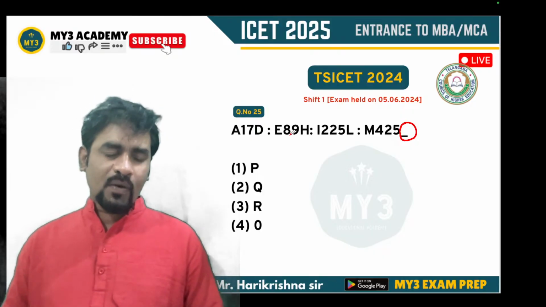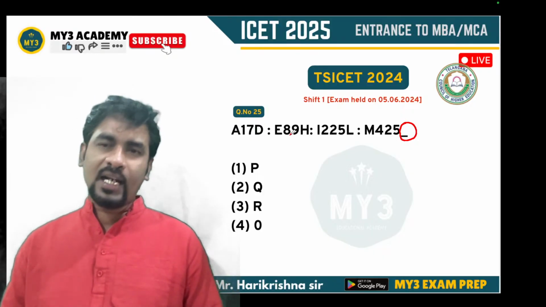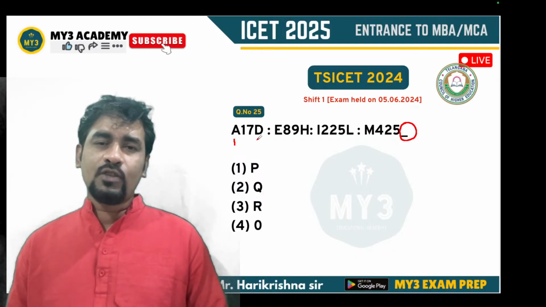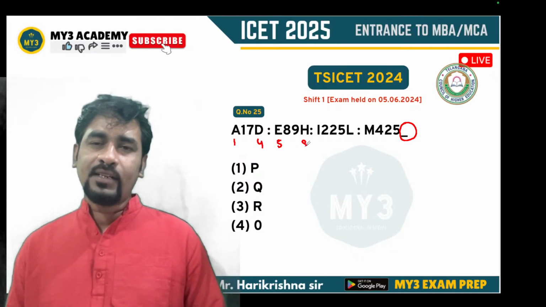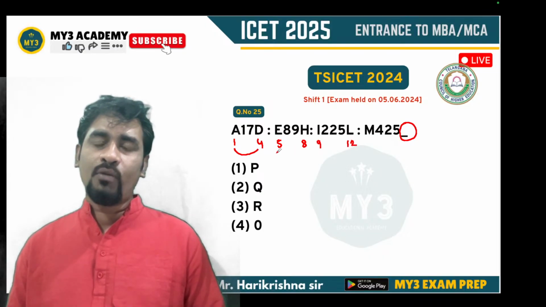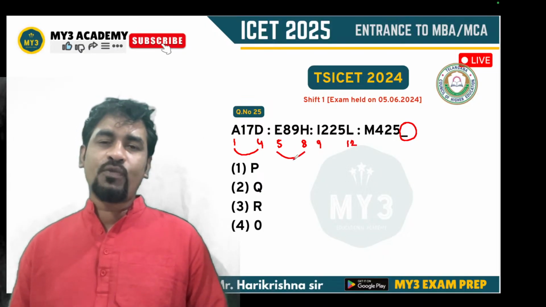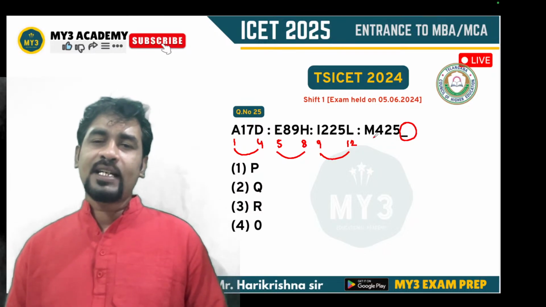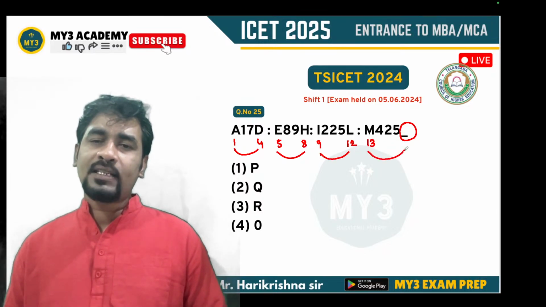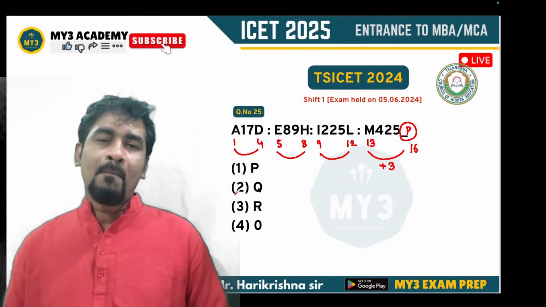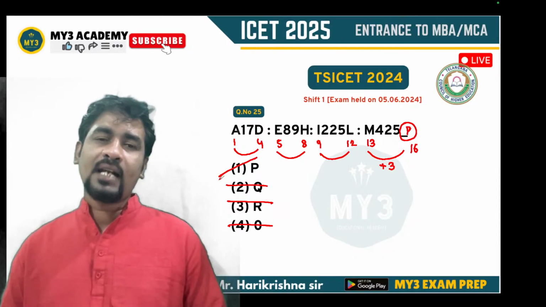So again, that's a square and cube number. That's not going to be challenging, again based on the prerequisites. So this is 1, 4 and 5, 8 and 9, 12. So I'm trying to observe what is the difference. 1 plus 3 is 4, 5 plus 3 is 8, 9 plus 3 is 12. So 13 plus 3 is going to be 16. The 16th alphabet is P. Mark the answer option 1.